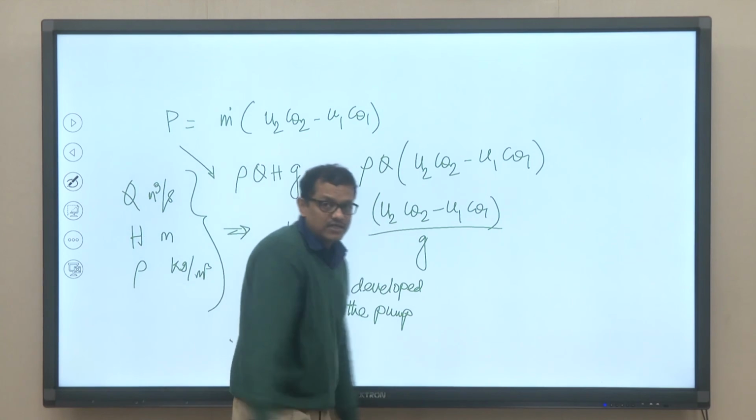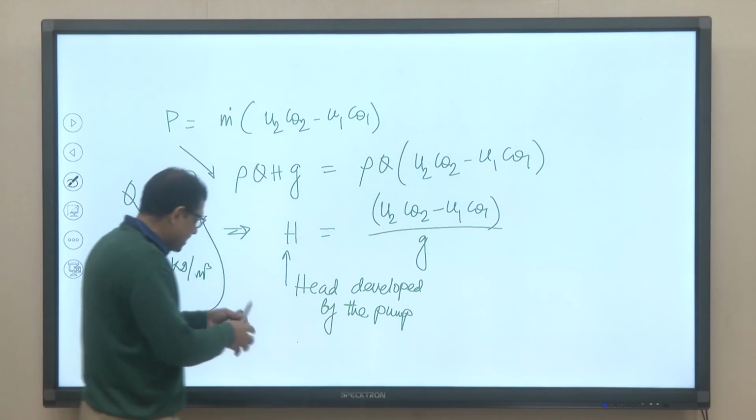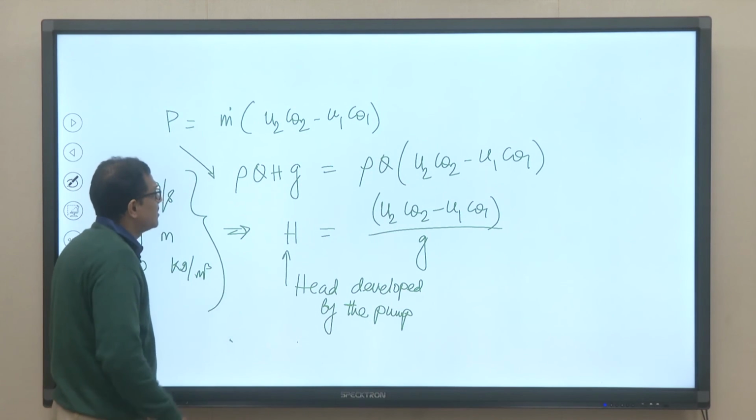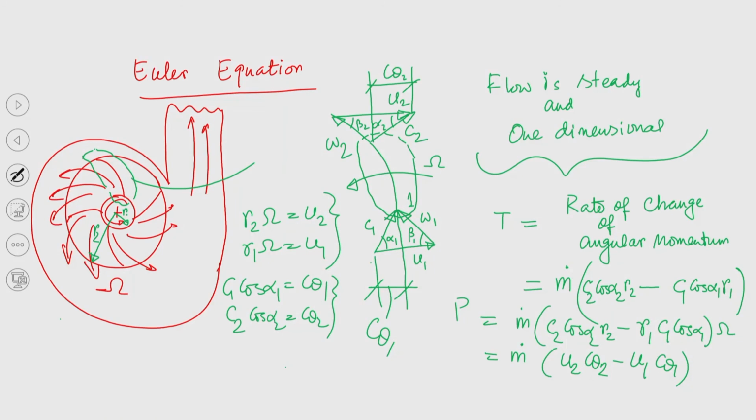C theta 2, if we would like to increase, if we go to the previous slide, you can see C theta 2, that component of absolute velocity at the outlet. Now, this fellow will increase provided, now if I try to draw in a different color again, that means this fellow will increase if we increase this quantity, this is C 2 dash.